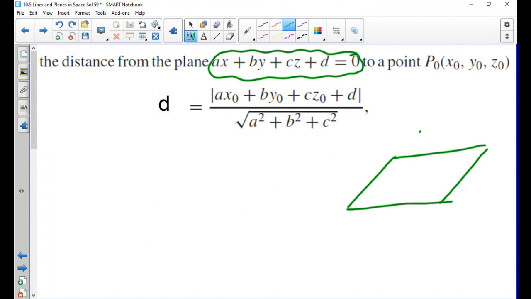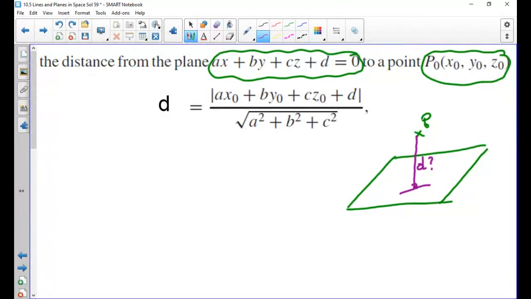And I have a point P0 somewhere with its coordinates. Then I want to find the distance from P0 to the plane. So I want to find this D here. That's what I'm looking for, the distance from a point P0 to a plane.